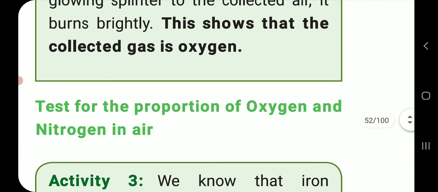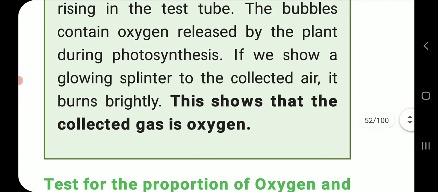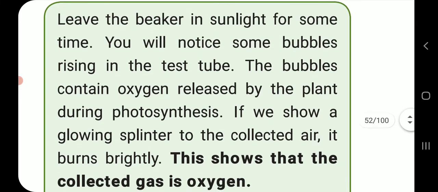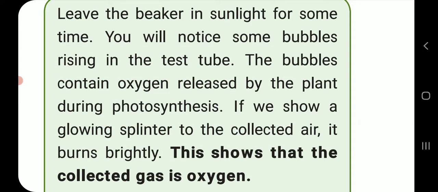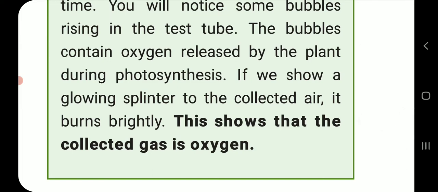He just took the beaker, and bubbles were rising in the test tube. The bubbles contain oxygen released by the plant during photosynthesis. If you show a burning splinter, it will glow and burn brightly.